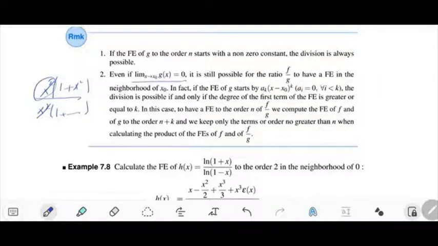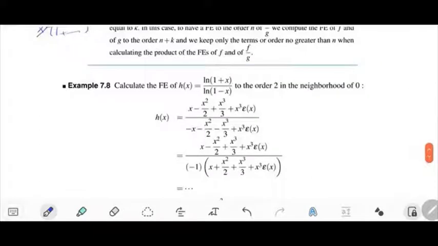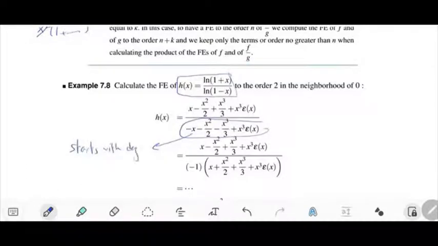I will show you what it means. If I want to calculate, for example, the finite expansion of this ratio, I will look at the denominator. It starts with degree 1.